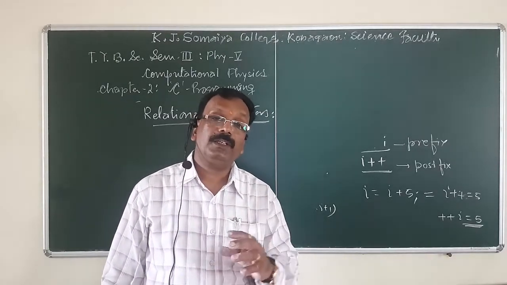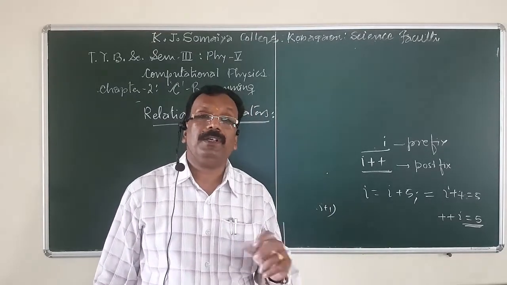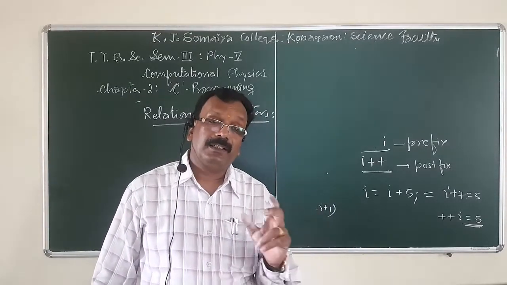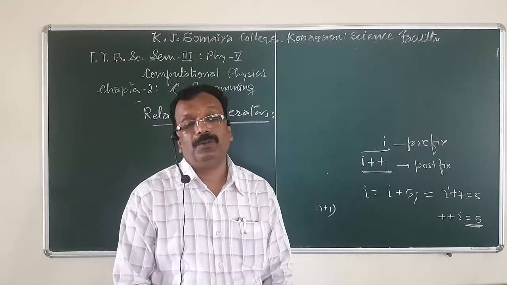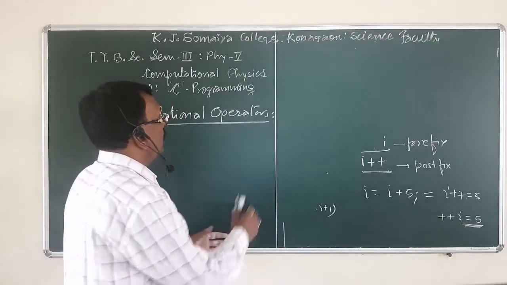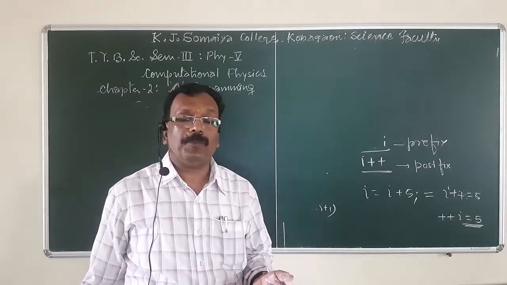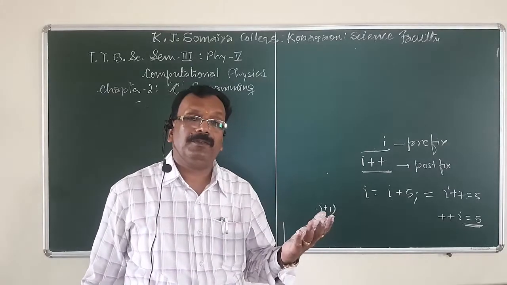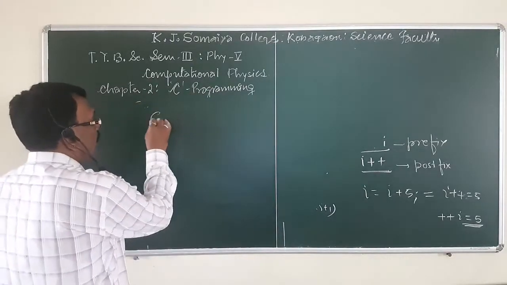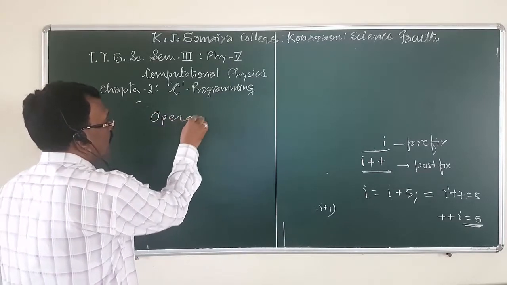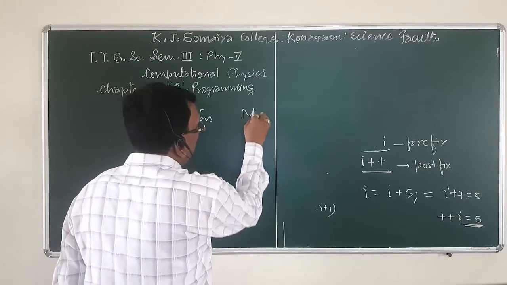When the condition is true, the relational operator returns 1, and when the condition is false, the relational operator returns 0. Okay. Now see the list of relational operators and after that we are going to see examples. There are operators like this and the meaning of every operator.